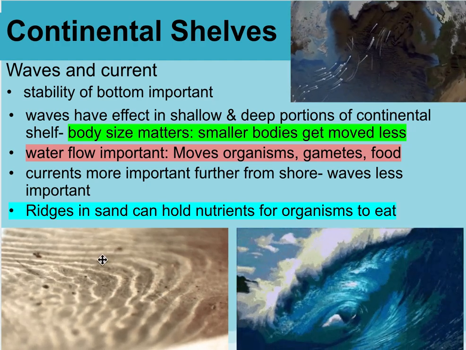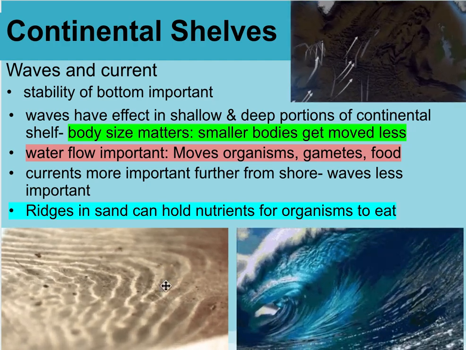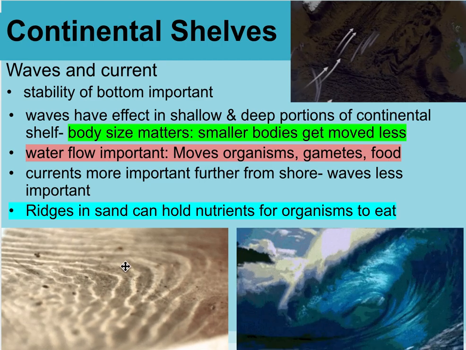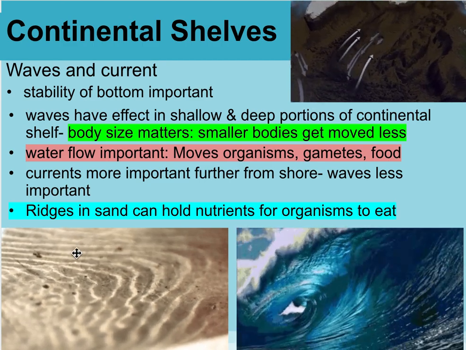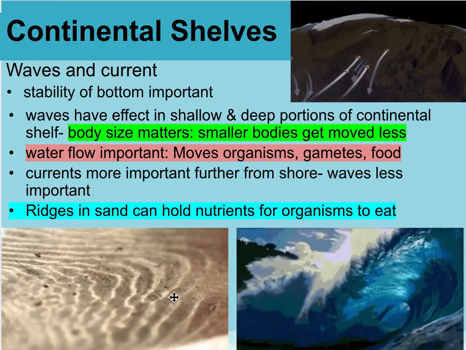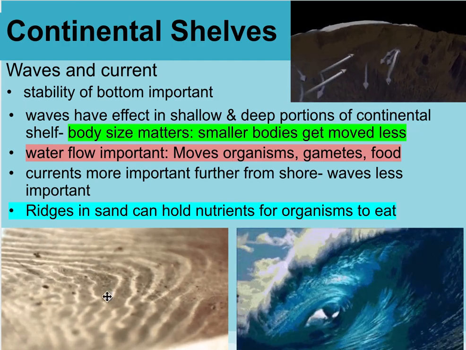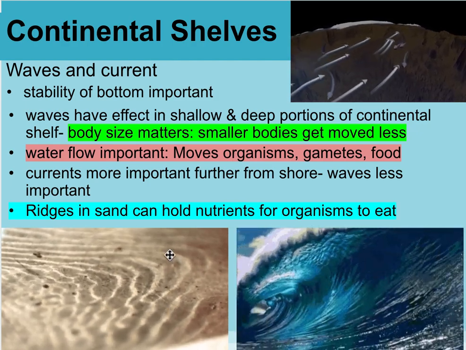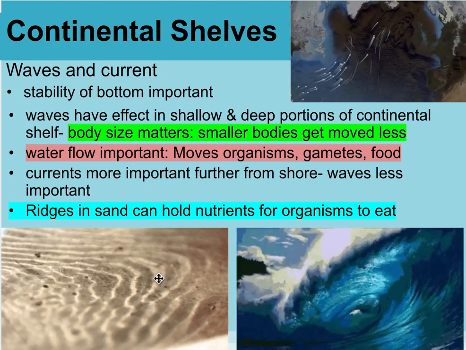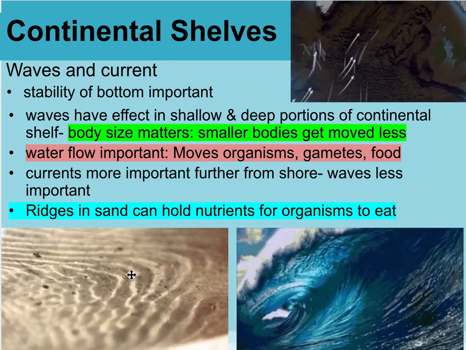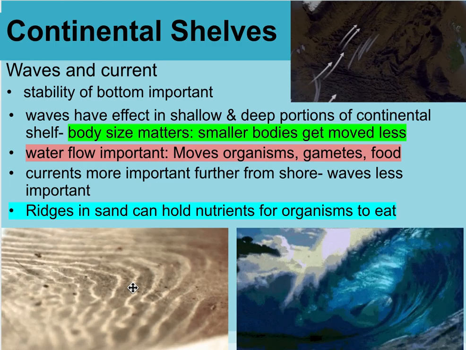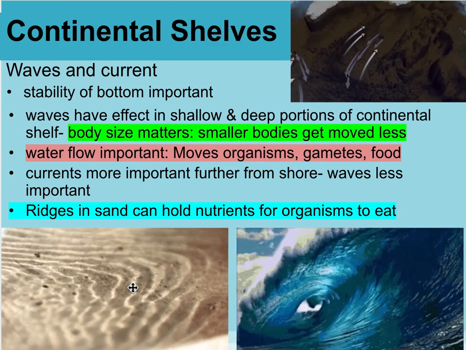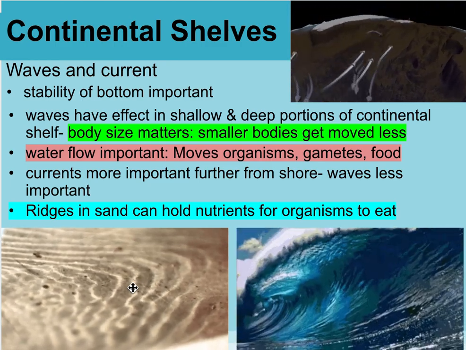But if you have a water space that is as calm as this one, that is causing these tiny little ripples to accumulate in the sand, you can have a lot of nutrients. And you can see here these darker spaces in between the light tan areas. That will be a lot of nutrients that the sand holds for different organisms to eat.